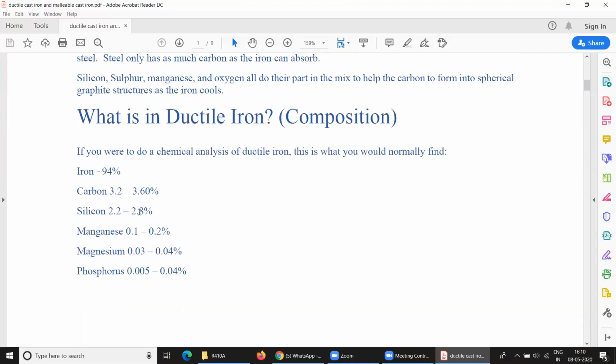So let us come to the composition of ductile iron.